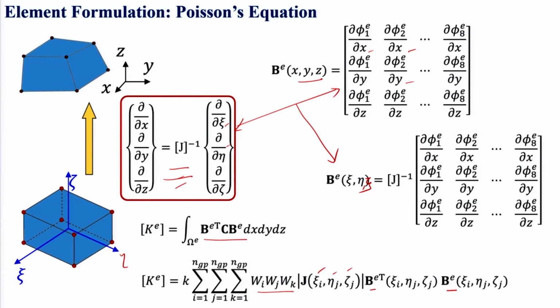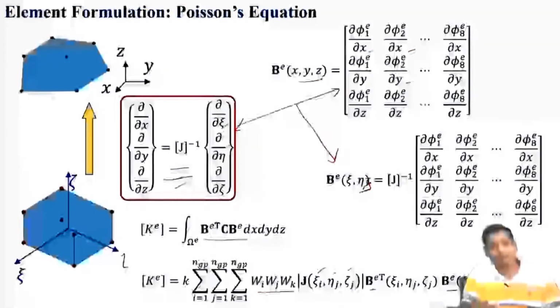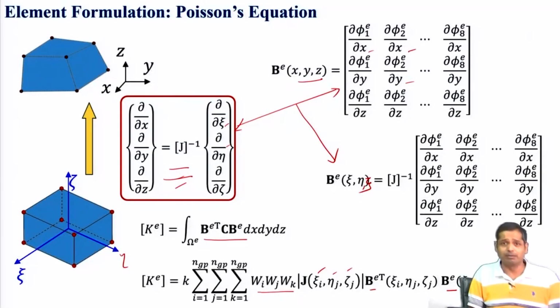We have already discussed this for two-dimensional and one-dimensional problems. We have not done any specific example here, but I leave it to you because we had a detailed discussion on the example of a two-dimensional problem and also a one-dimensional problem.